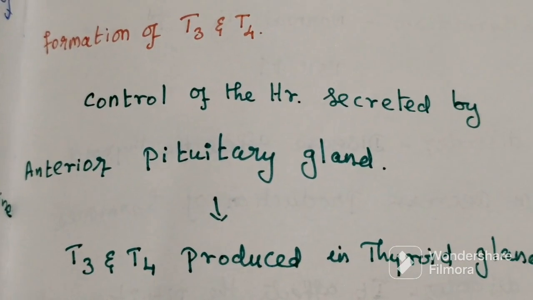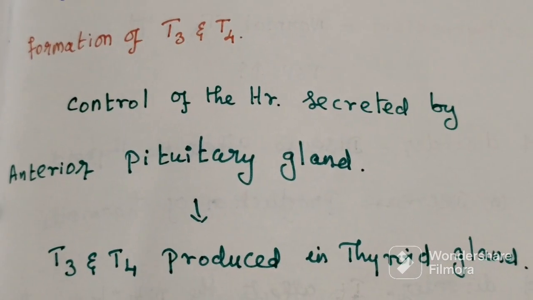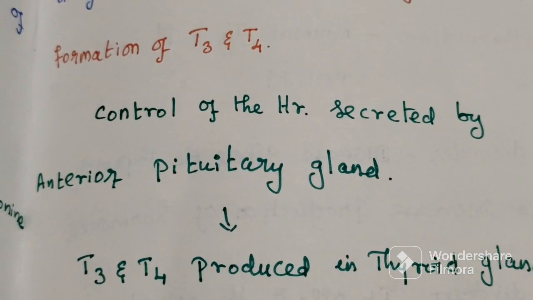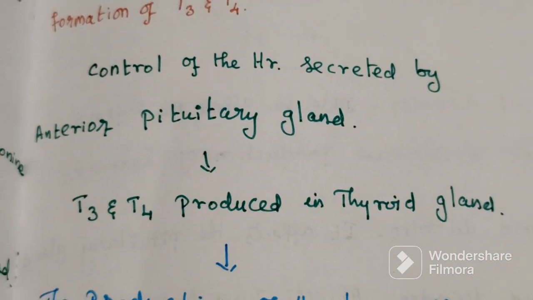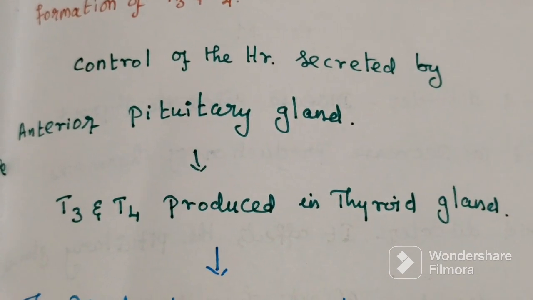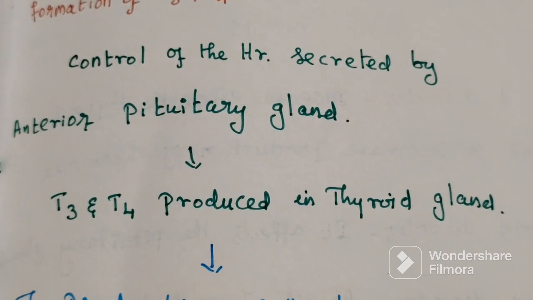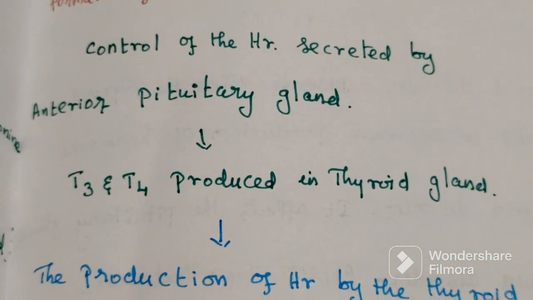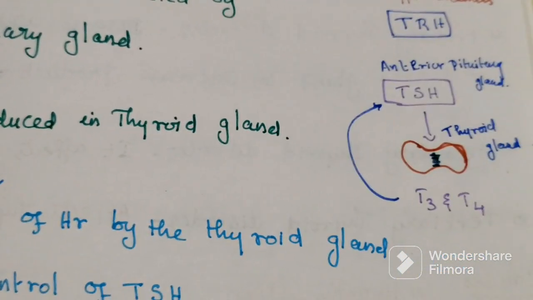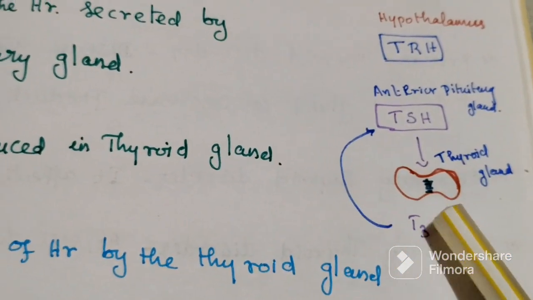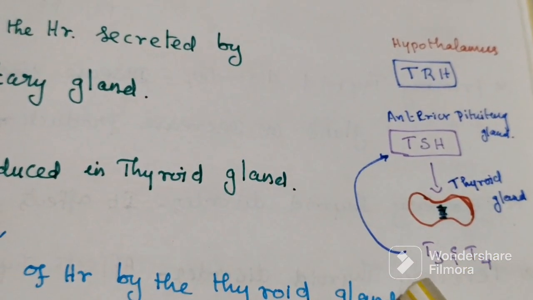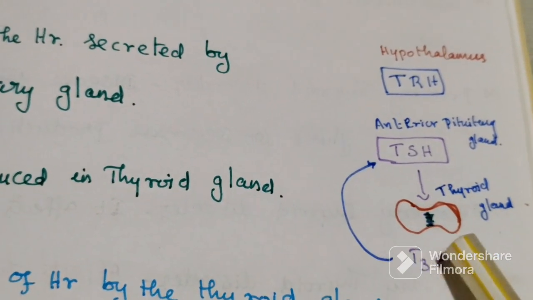Now, the control of this hormone secretion is by the anterior pituitary gland. Suppose this is the thyroid gland, with the left and right lobes.